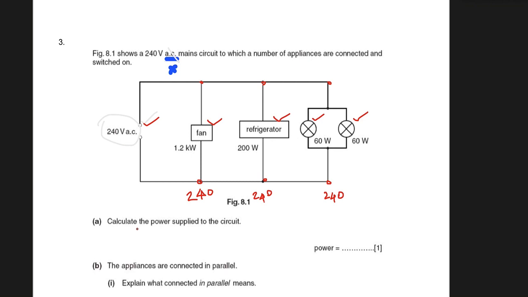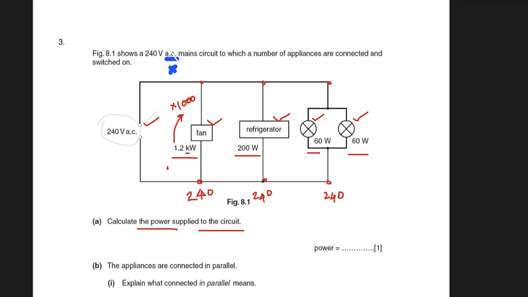To calculate the power supplied to the circuit, we simply have to add the power of each of the appliances given in the circuit. But one thing to note over here is kilowatt. Before adding these all up, you must convert kilowatt into watts by multiplying it by 1000, because kilo translates to 1000 in terms of prefix to a unit.